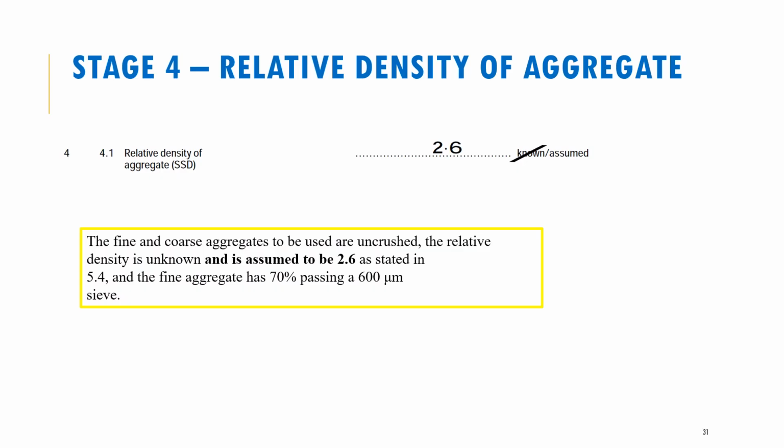Again, in the BRE, it says that the first step in stage 4 is to specify the relative density of the aggregate. You'd remember from talking about aggregates, SSD refers to saturated and surface dry. So your aggregate is saturated from the inside, but on the surface, it's dry.